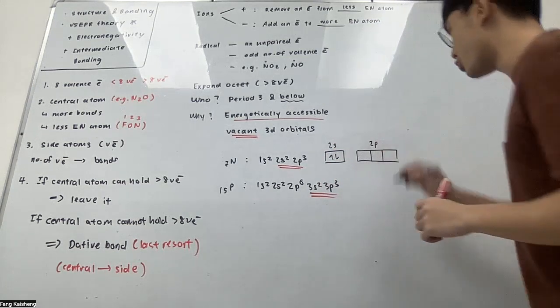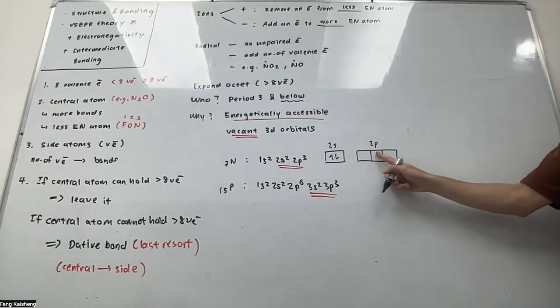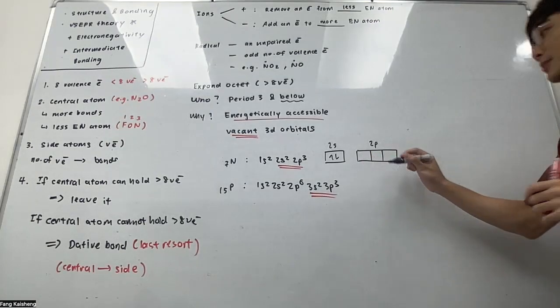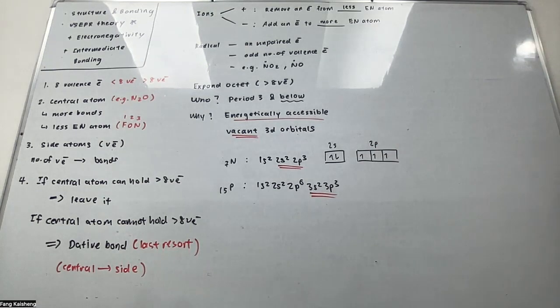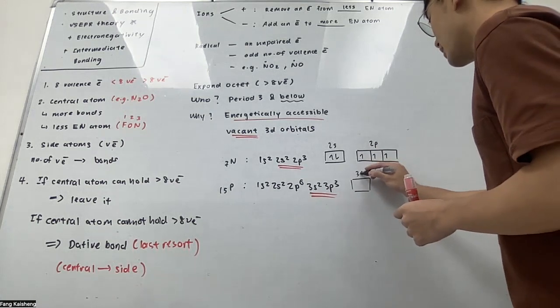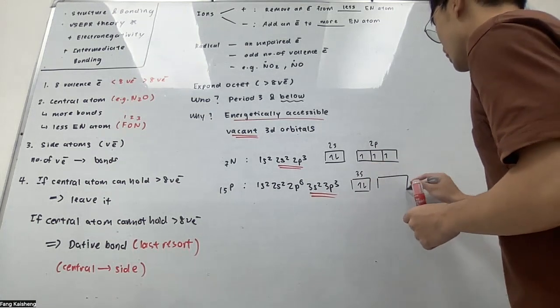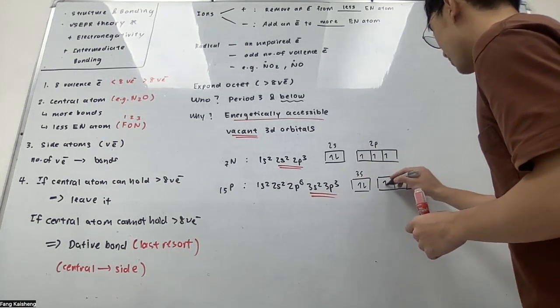How do we arrange the 3 electrons? Do we just put 1, 2, then 3? They should always be single first before you pair them up, right? So something like this. Now we do the same thing for 3s2 and 3p3. They have the same exact subshells, so same number of orbitals. So something like this.